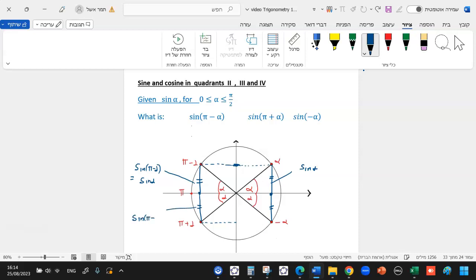Sine of pi plus alpha is just minus sine alpha. And the same goes for minus alpha. This is sine of minus alpha. It is equal to sine alpha, only negative.